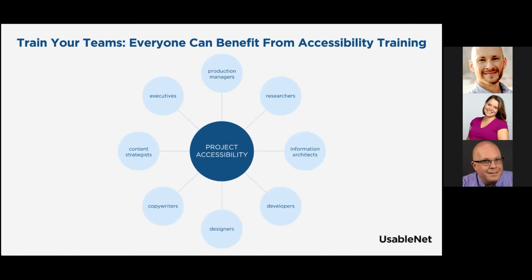Our trainings that we have here at UsableNet include ones that set the foundation understanding about the disabled community and how the web content accessibility guidelines are actually designed to improve websites for them, but then really by extension, improve usability for everyone who's using the site.